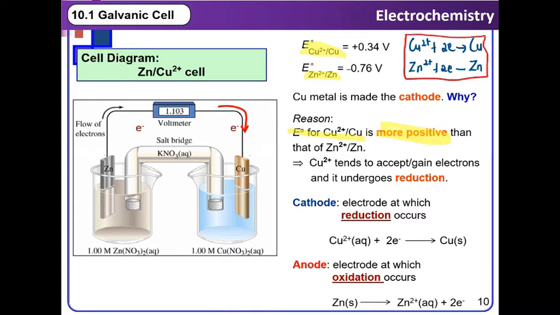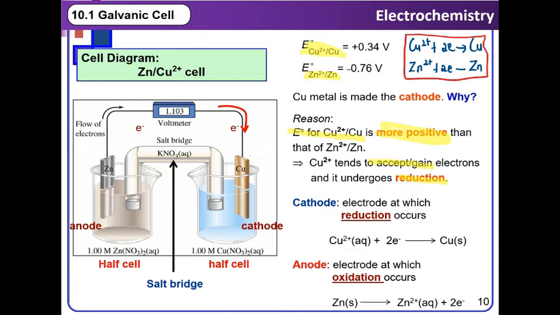So copper 2 plus tends to accept or gain electrons and undergo reduction. So to choose which species is at the cathode, we look at the more positive standard reduction potential. The more positive one will be at the cathode because it undergoes reduction. So if copper is reduced, zinc will undergo oxidation.